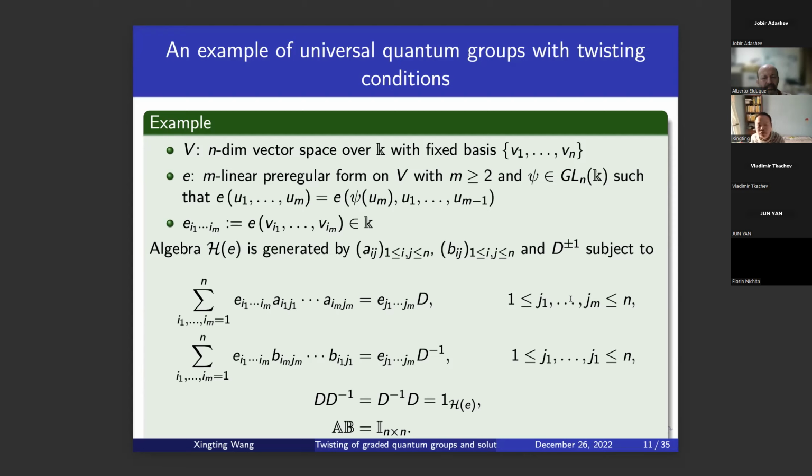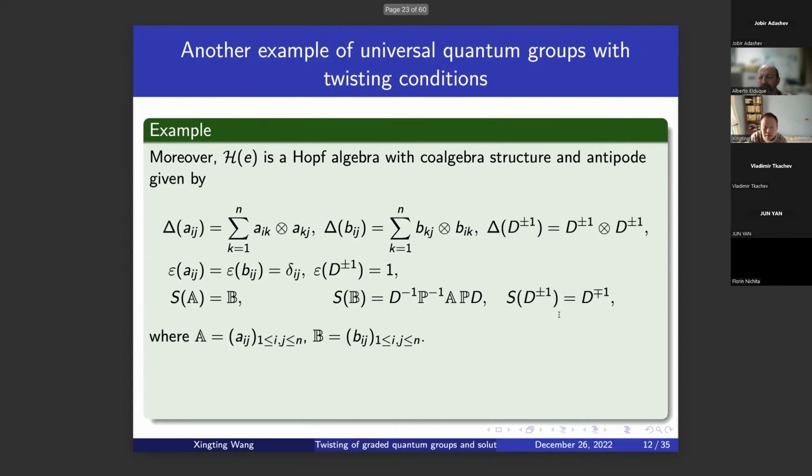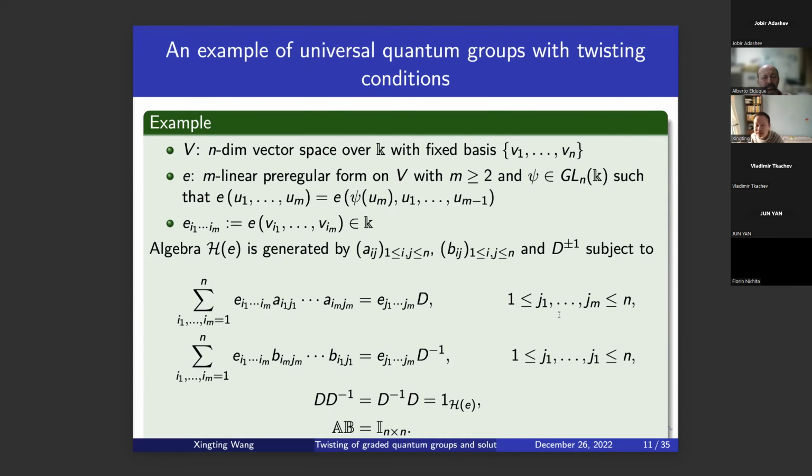So a pre-regular form is a multilinear form which satisfies some conditions. It's a linear map from V to the m-fold tensor to K, where m is greater than or equal to 2. For m equal to 2, it is a non-degenerate bilinear form. But for m greater than 2, we need some conditions on the multilinear form. So here the condition is a cyclic condition.